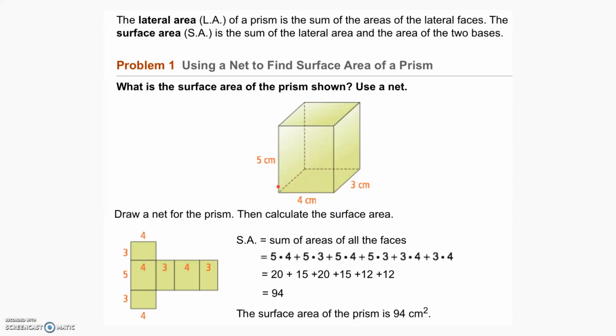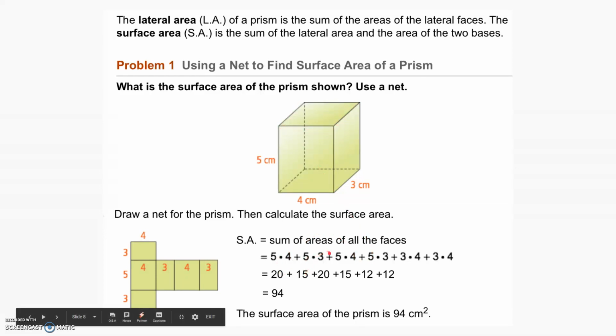And then if we look at this side over here, that'll be 5 tall, 3 wide. So 5 times 3. Then we have to deal with the two bases. So 4 times 3, and again on top, 4 times 3. So we're going to wind up with 20 plus 15 plus 20 plus 15 plus 12 plus 12. That's 94. We're going to find a more efficient way to do this in a second. Don't worry.